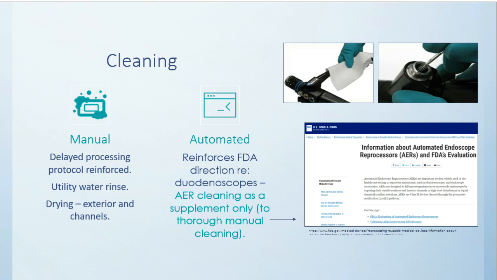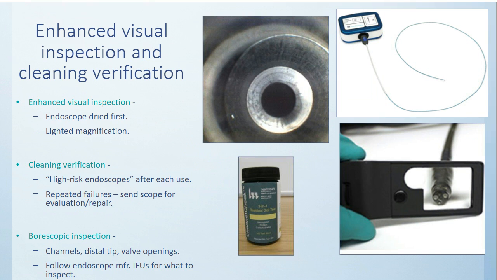As I mentioned, inspection follows manual cleaning as a unique, purposeful step in the process to better ensure that manual cleaning was as effective as possible. It's intended to be its own step, a timeout, if you will. It can include cleaning verification testing, and it can also include borescopic inspection.